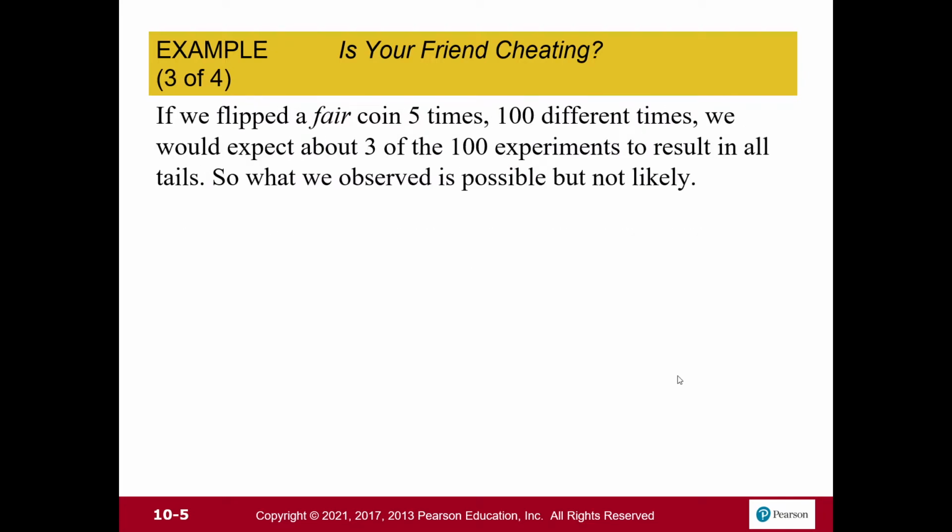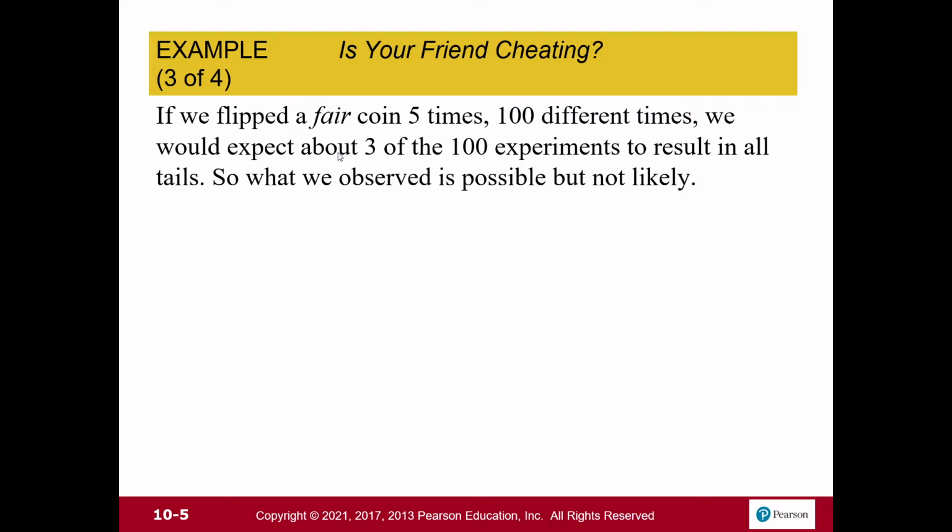So it can happen. It did happen. But how rare is it? There's one way to interpret this. If we were to flip the coin 5 times, 100 different times, right? Or sometimes you could just flip 5 coins all at once and see. But in this case, it was 1 coin being flipped 5 times.